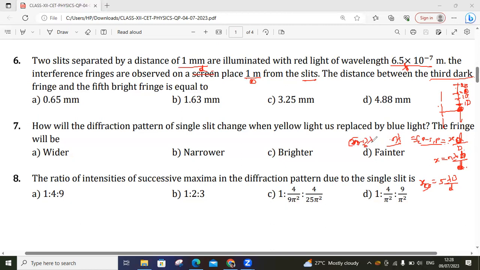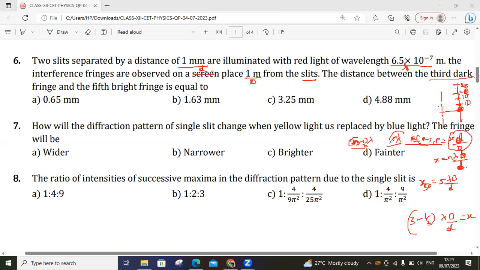Here n starts from 1. If n is equal to 1, it is first dark. So we want third dark, which is 3 minus 1 by 2 into lambda D by d. That will be x. This is the path difference.